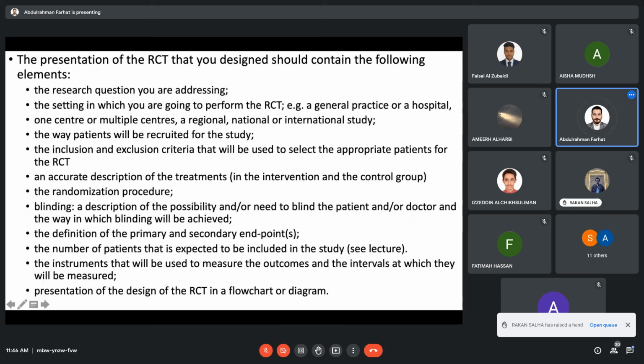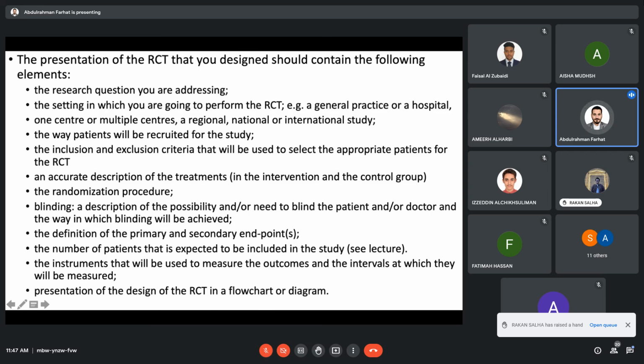You will describe the treatment in both groups, the intervention group and the control group. You will explain the randomization process. You will talk about blinding. You will discuss the possibility of single, double, and triple blinding.